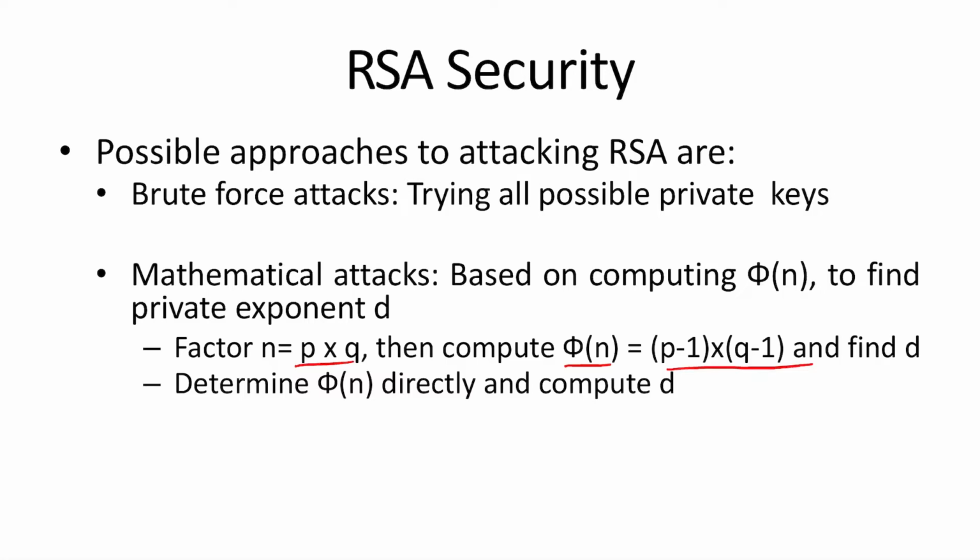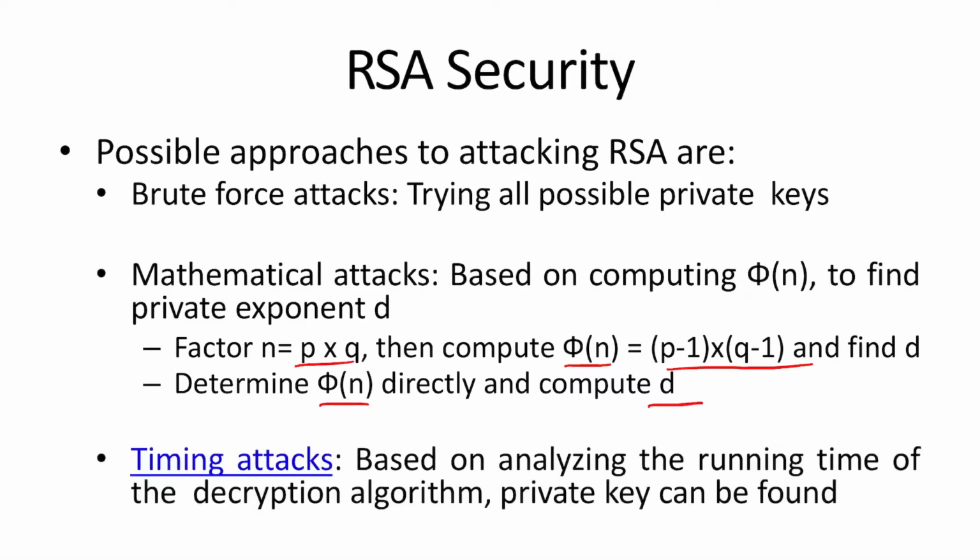And the second one is to try to find phi of n directly using the manual approach by finding all integers less than n that are relatively prime to n. And then once we have phi of n, we can compute d because we already know the public exponent e.